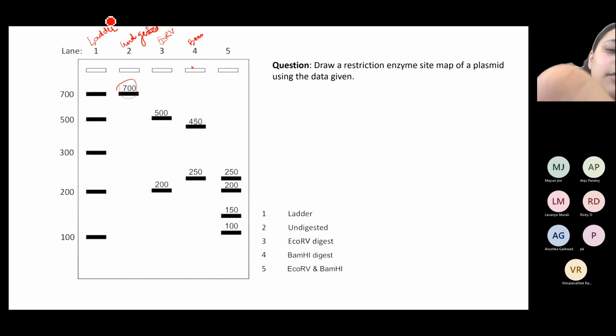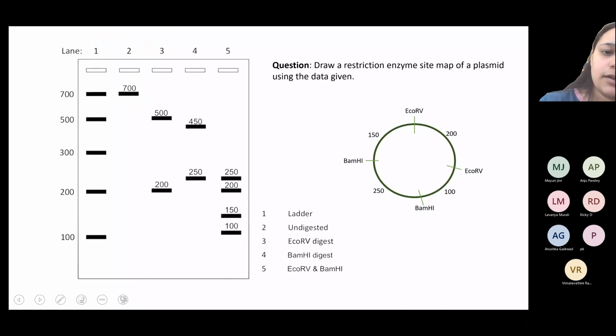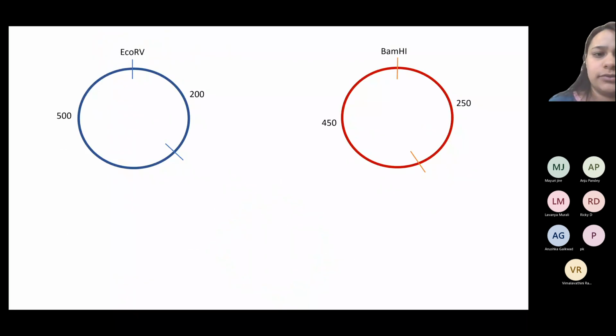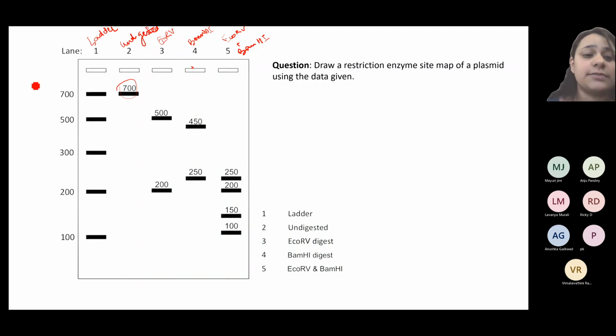This is BamH1. This is EcoR5 plus BamH1, right? And the size of these fragments are mentioned on top of the fragment, right? So we know that the undigested fragment is 700 kb, so the entire thing will be of 700 kb, right?